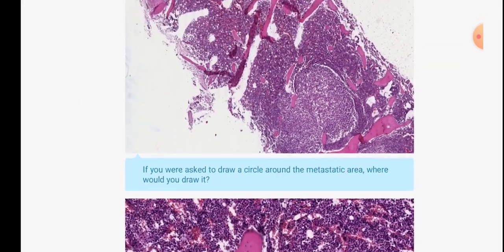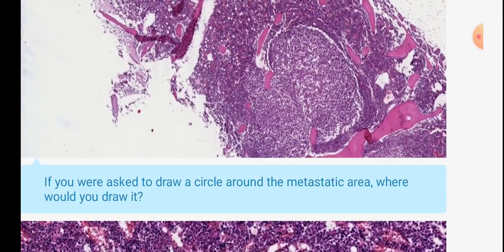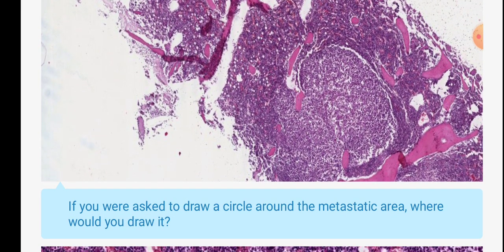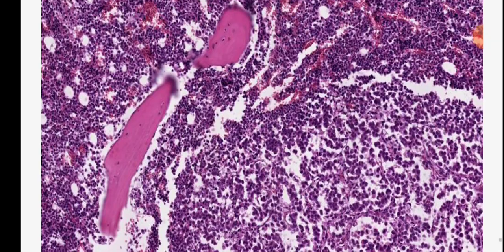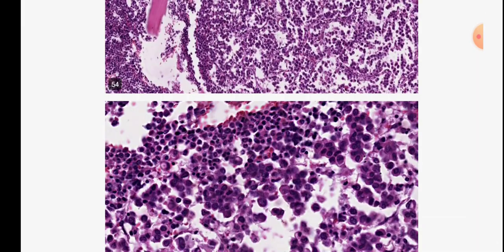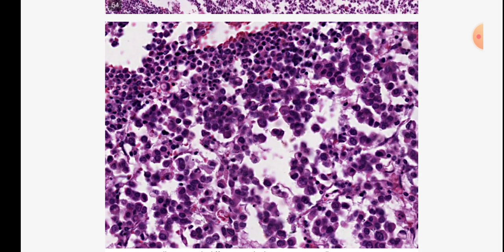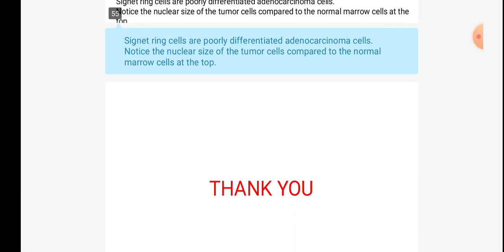Metastatic deposits: the encircled area looks like a foreign deposition, foreign cells in the native tissue. Wherever we see osteoclastic large giant cells or foreign cells, those are nothing but metastatic deposits.